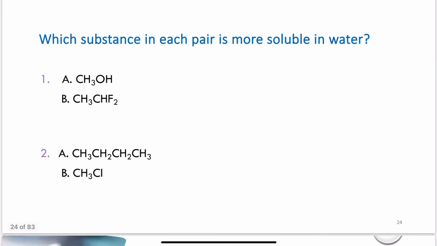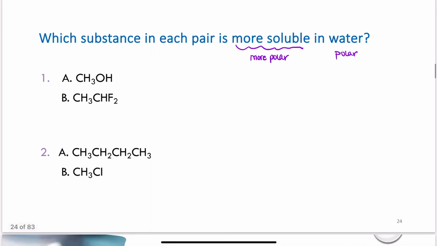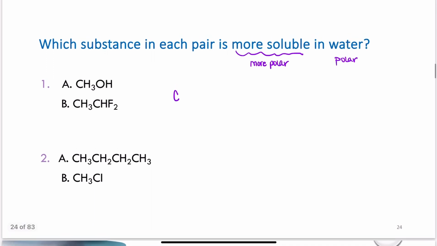And which substance in each pair is more soluble in water? Well, water, polar. So you need to think about what these structures are. And more soluble means more polar. Sometimes it's easier to draw these out. If you can see it quickly, great. If you can't, try drawing them out. CH3OH.